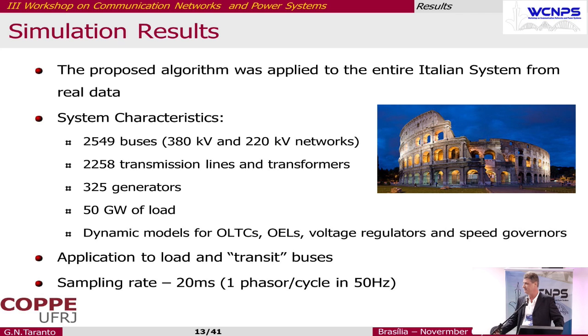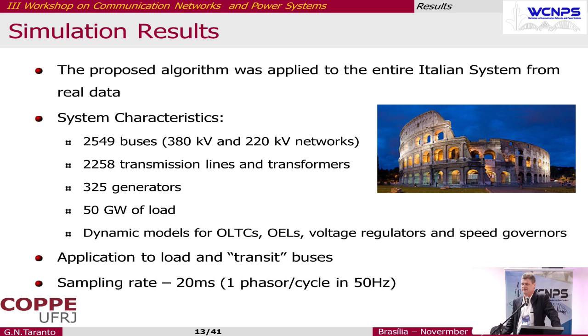These are the characteristics of the system. We analyzed the high voltage system, the 380 kV and 220 kV. This is the load at that time. This was done in 2006, so probably the load is higher now.